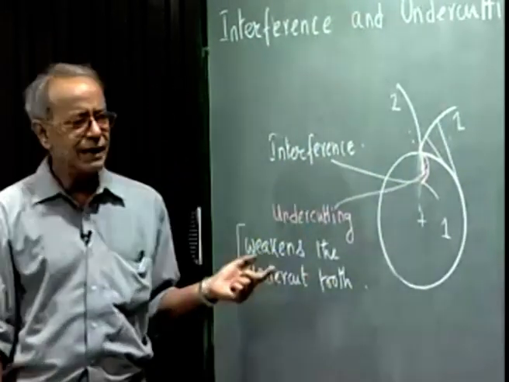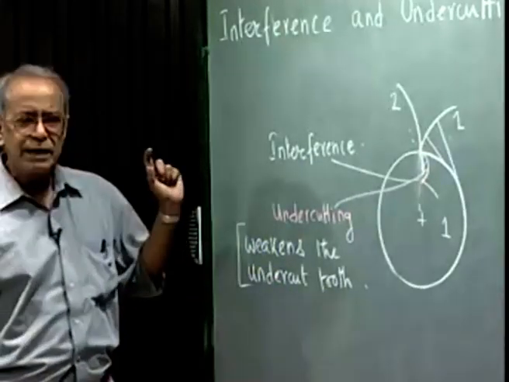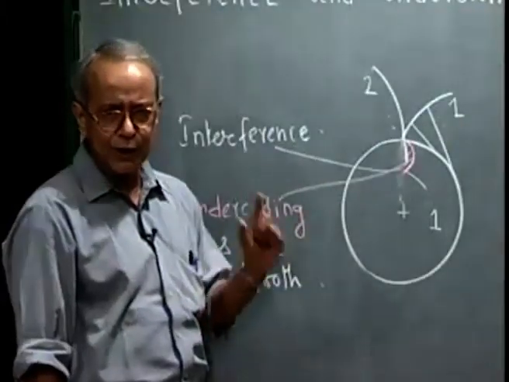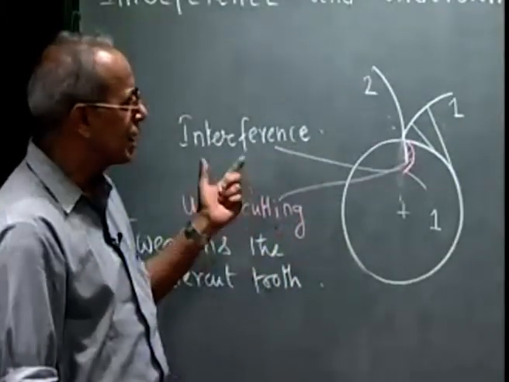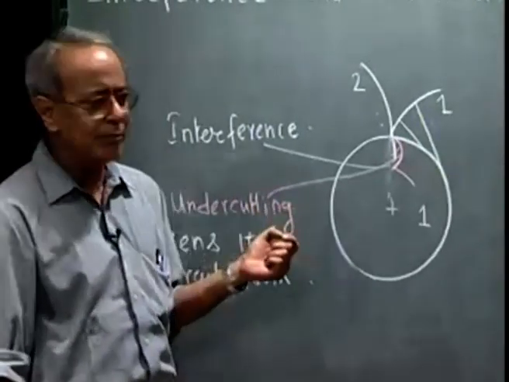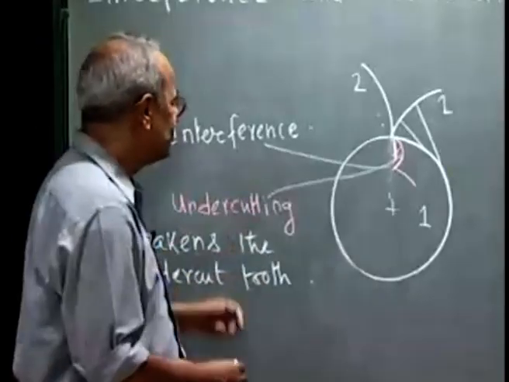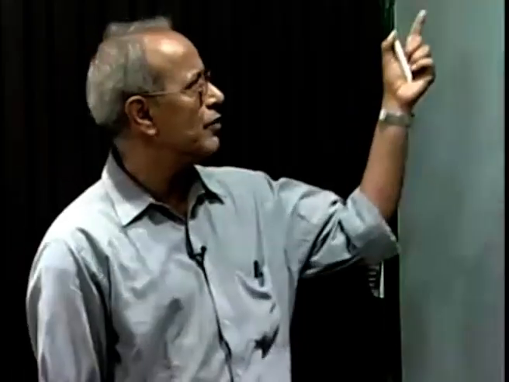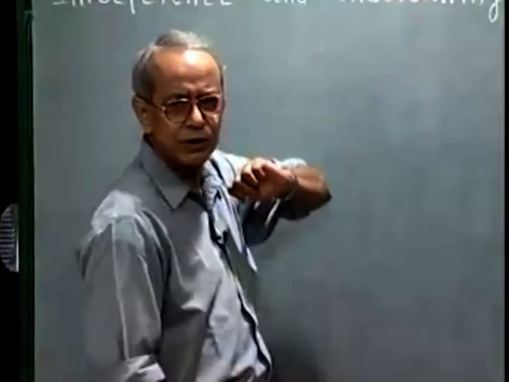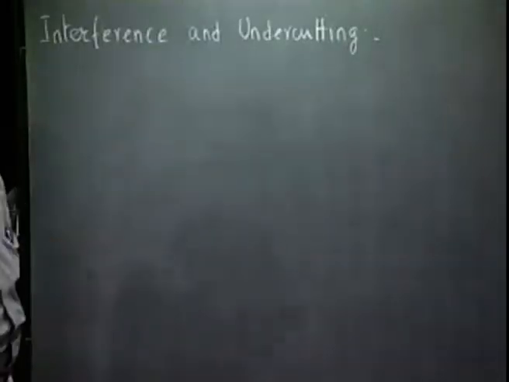Next we shall discuss how to avoid interference by ensuring some minimum number of teeth on a gear. We cannot have the number of teeth on a gear less than a minimum number to avoid interference. That will be our next topic of discussion. As we have just shown the possibility of interference between a pair of gear teeth because the involute does not exist inside the base circle, one not so satisfactory solution was to undercut the tooth.